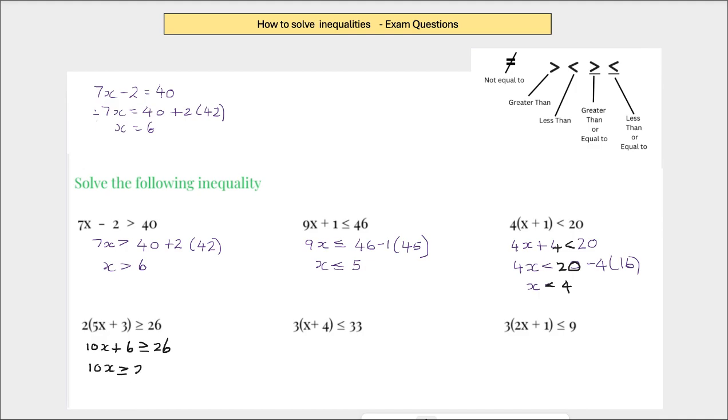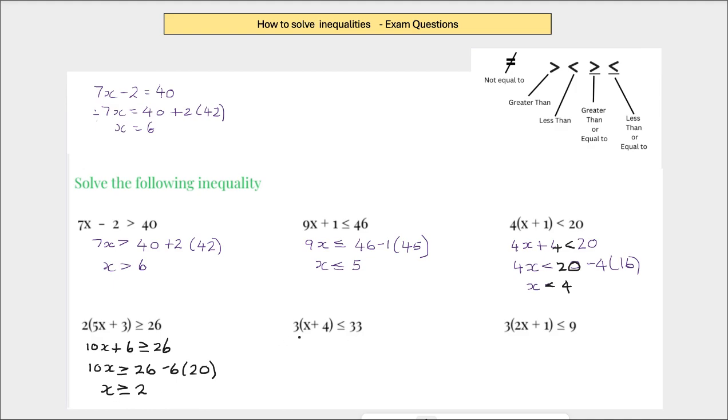And we're going to take the 6 over. That's a plus, so it's going to be a negative. And then we divide 10 into 20, which gives us 2. So the answer is x is greater than or equal to 2.